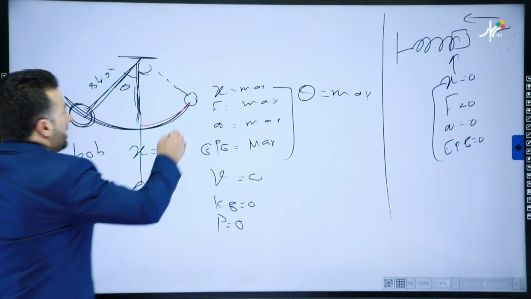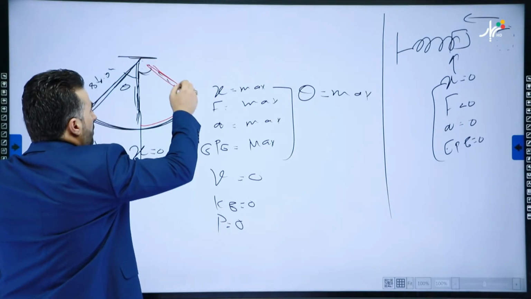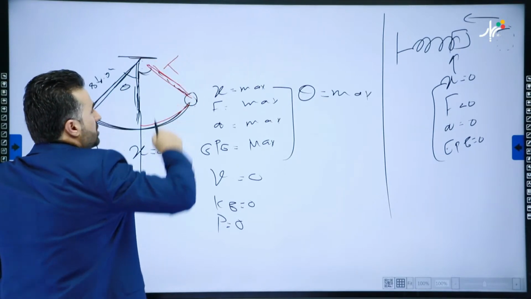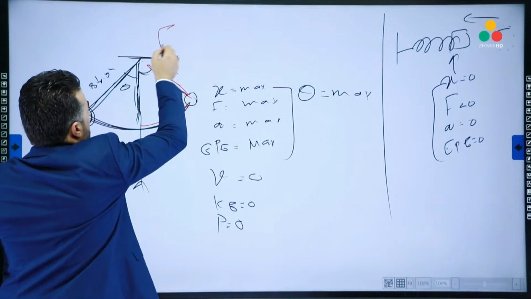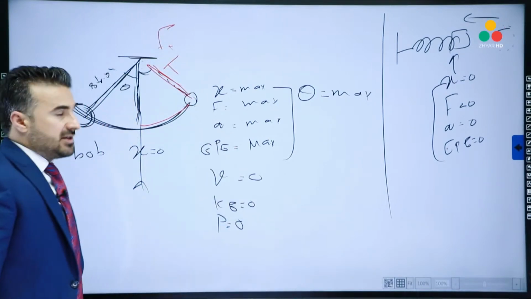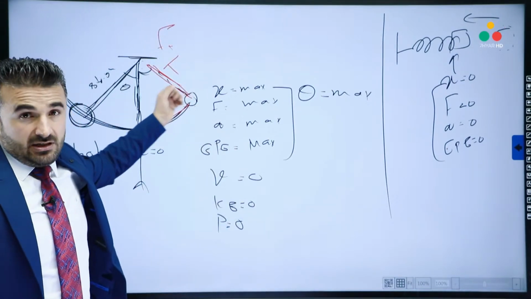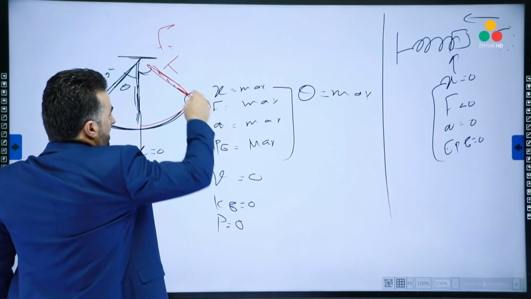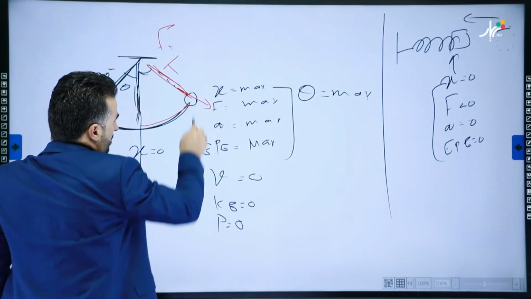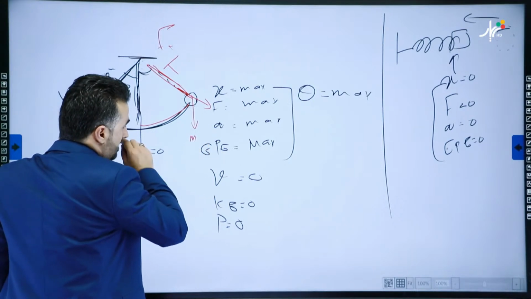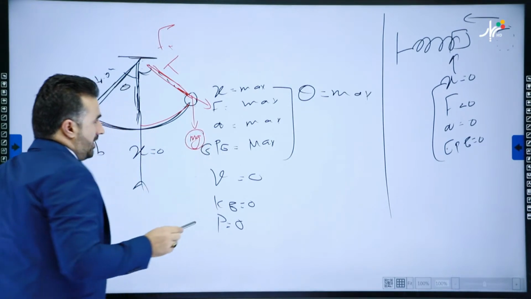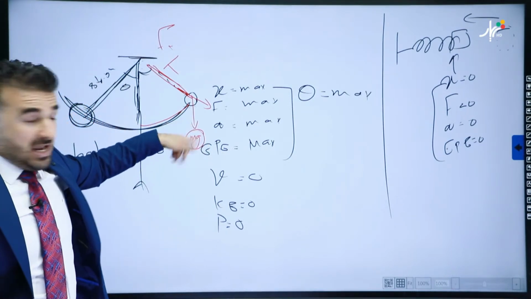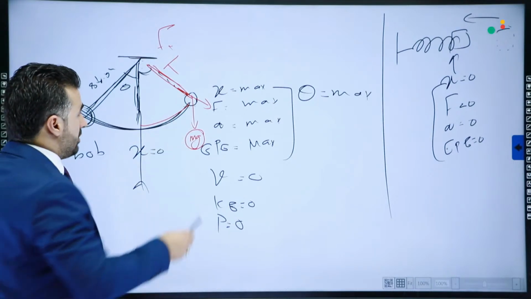Of course, now there is a tension, a force in the string. We call this one tension force, or sometimes you can use FT. On the other side, remember, there is the gravitational force. If this is the mass, it's going to be mg, that is the weight of the object. This mg is going to be analyzed into two components.